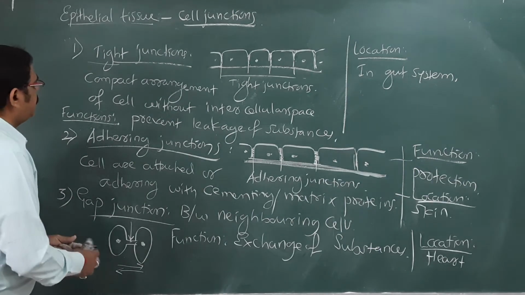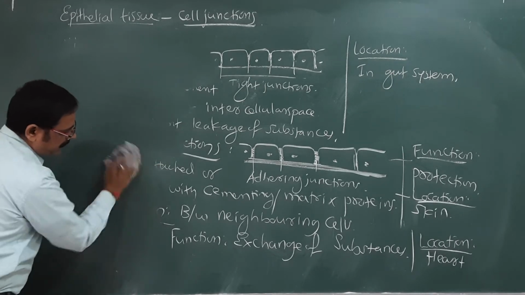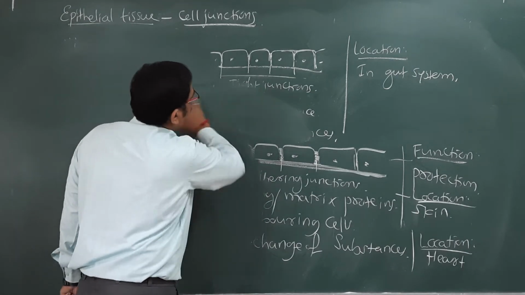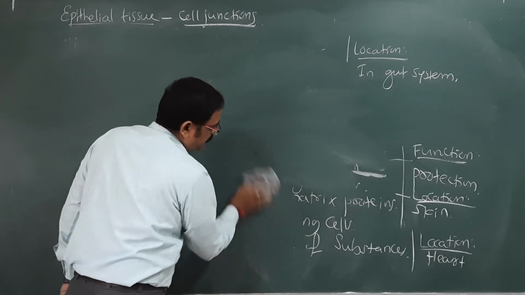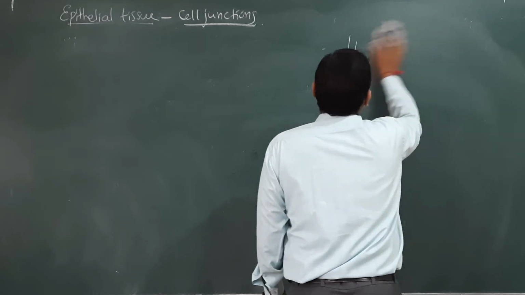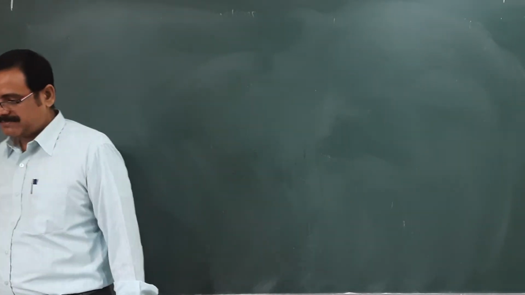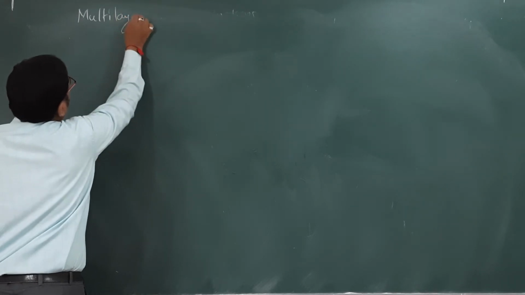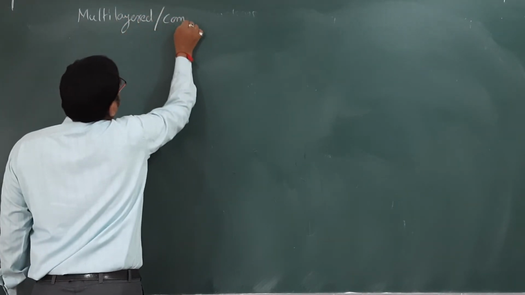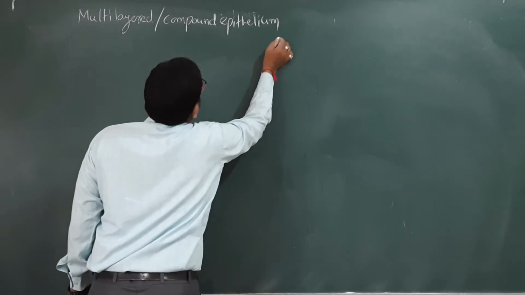Now we have to discuss the compound epithelium, and how the cells are arranged. Why is it called compound epithelium? Because when the epithelium is multicellular or multi-layered, we call it a compound epithelium.